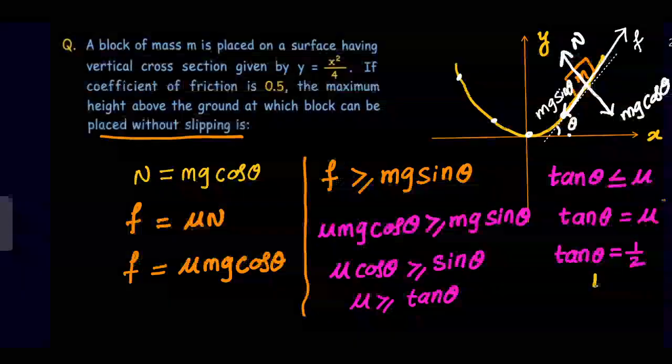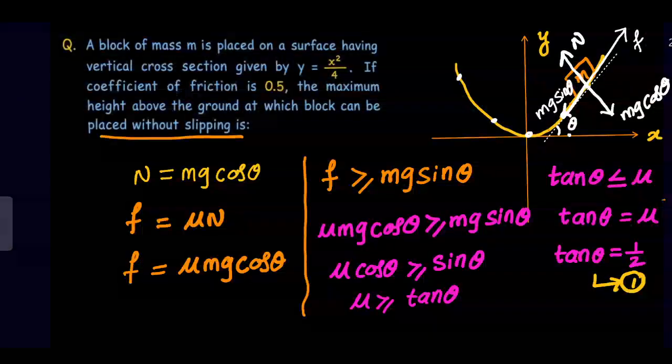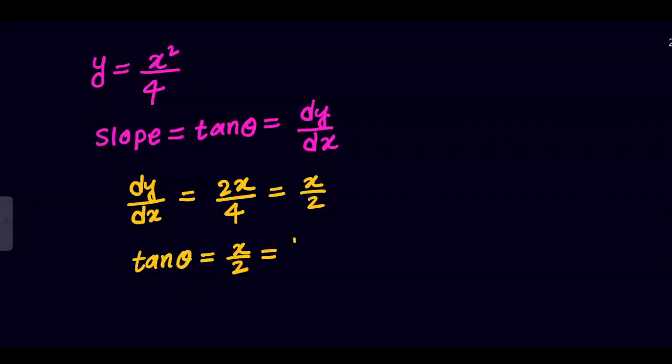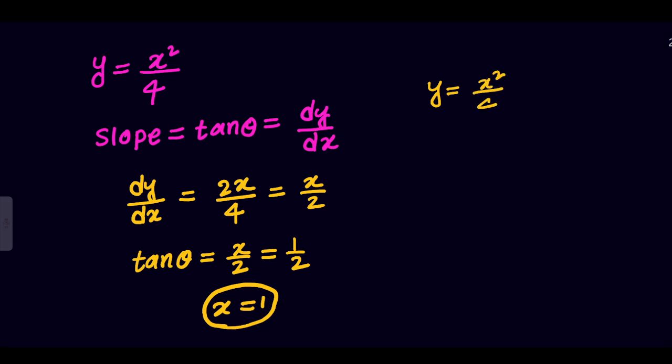Let us call this one equation. Tan theta we got as 1 by 2, no? I can place this value here. So from this, x value is 1, and then we get the y value. Y is given as x squared by 4. That means the y value will be 1 by 4.